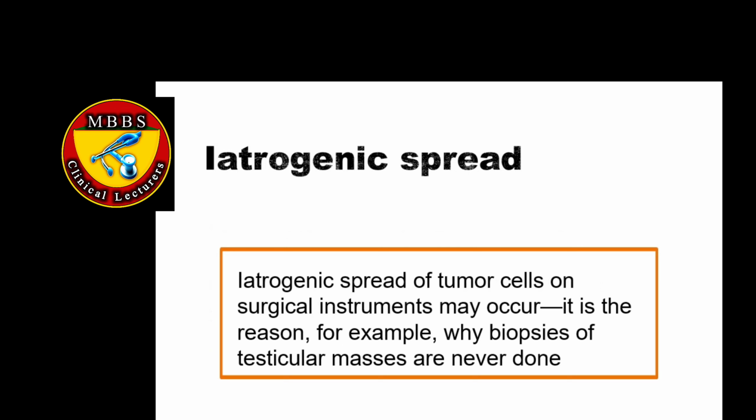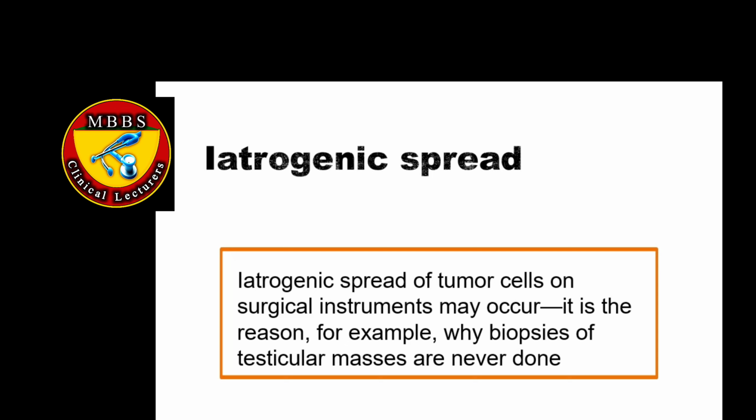Now, what is an iatrogenic spread? Iatrogenic spread is, how I can explain to you, that if a surgeon is doing a surgery and he or she cuts the tumor area with a surgical instrument, some of the tumor cells, which are usually sticky cells, stick to the instrument.